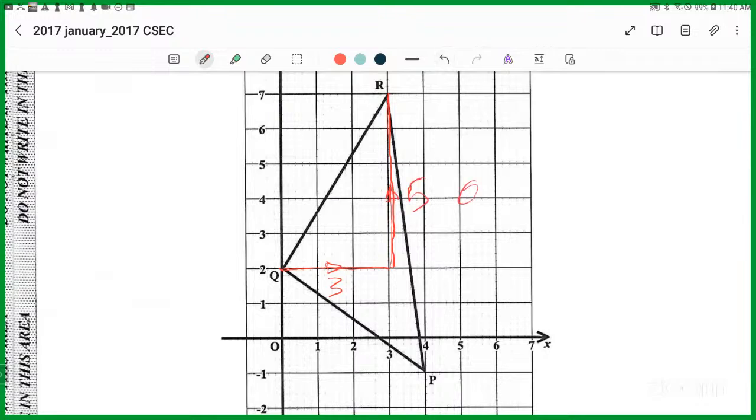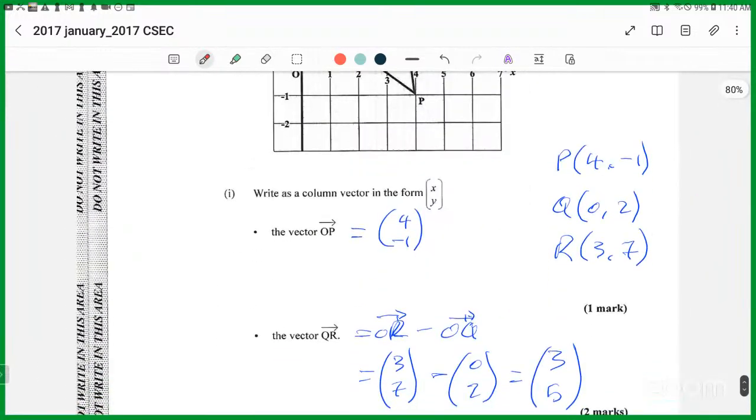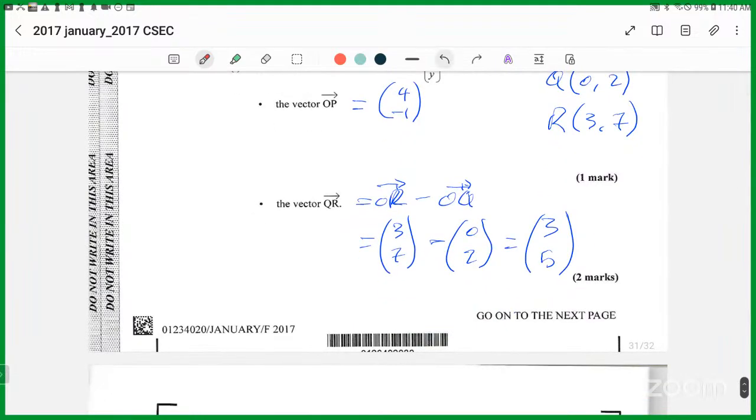That's why QR is (3, 5). So we can get it from the diagram as well. Anyway, take it as (3, 5) by calculation or from the graph.